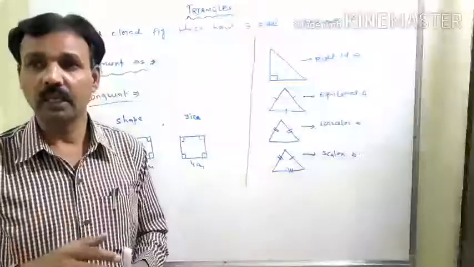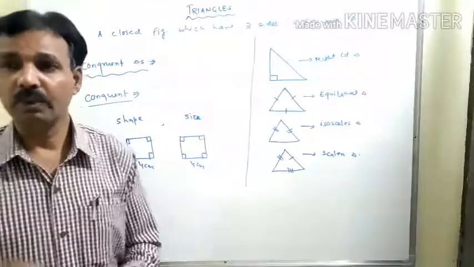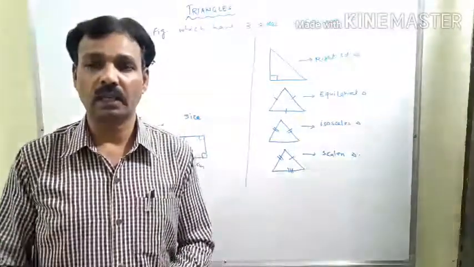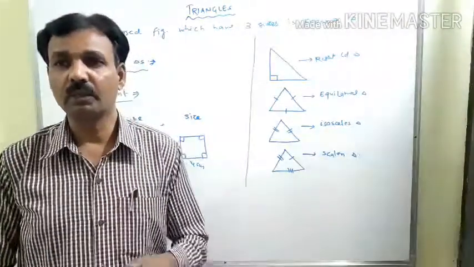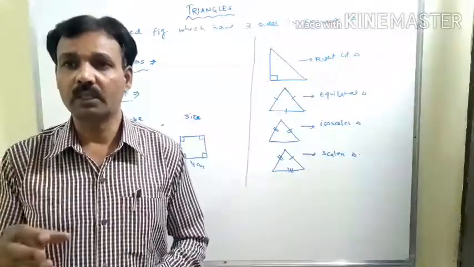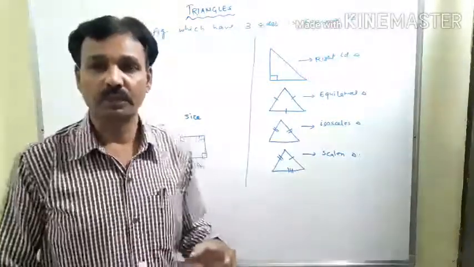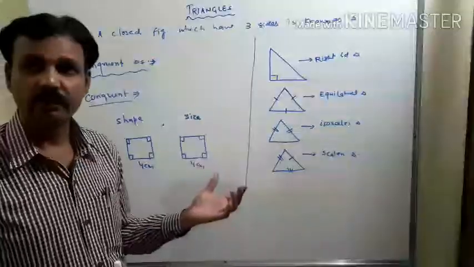That means we can define which objects are congruent: if we put one object on another object, and if we look from the upper side and can see only one object, then we can say that both objects are congruent.